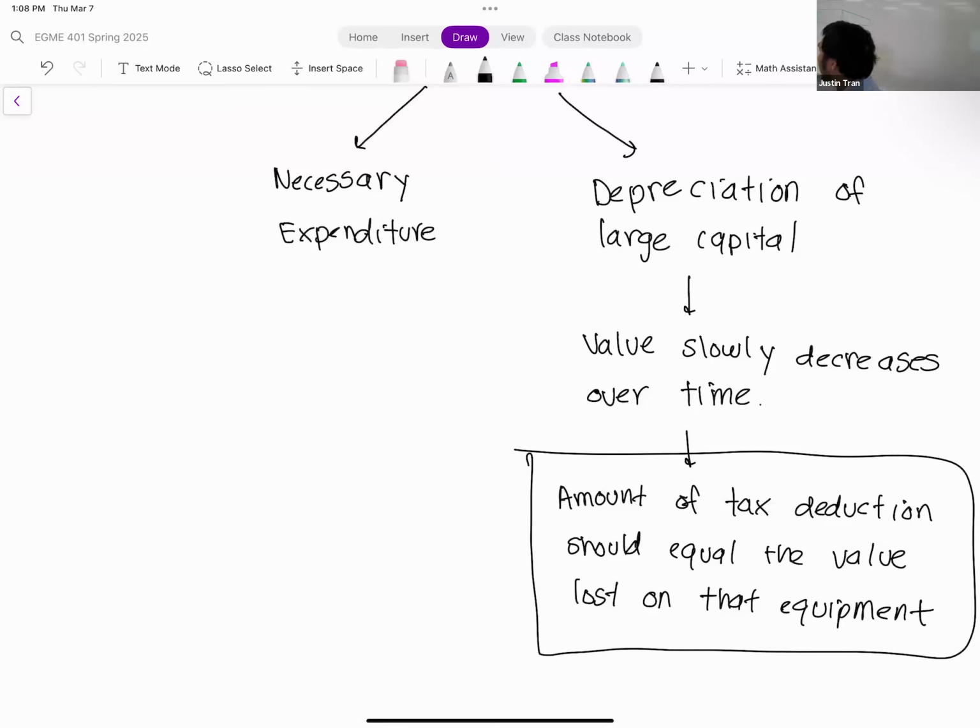You buy a capital purchase, you pay a very large amount of money up front, and then over time a percentage of that value is lost per year, and you deduct that loss from your taxable income.